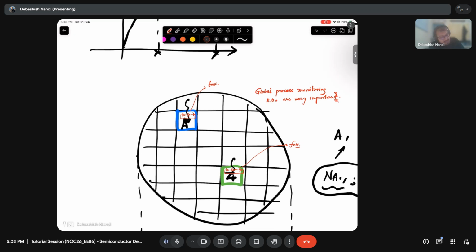Also, ROs are placed in the location of these edges. These edges are called curve regions, where these ROs will be present, which will be used to characterize the variability in the process and whatnot.